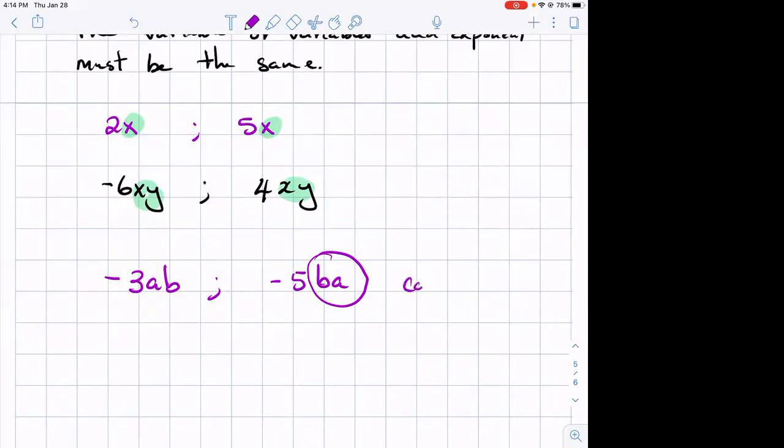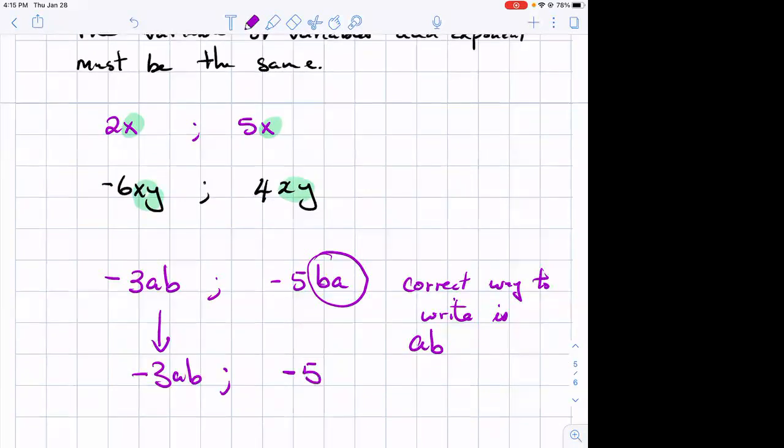The correct way to write is AB. When we write variables, we generally follow the pattern of the alphabet. So this is the same as minus 3AB, but this one here, if you write it correctly, will be minus 5AB.